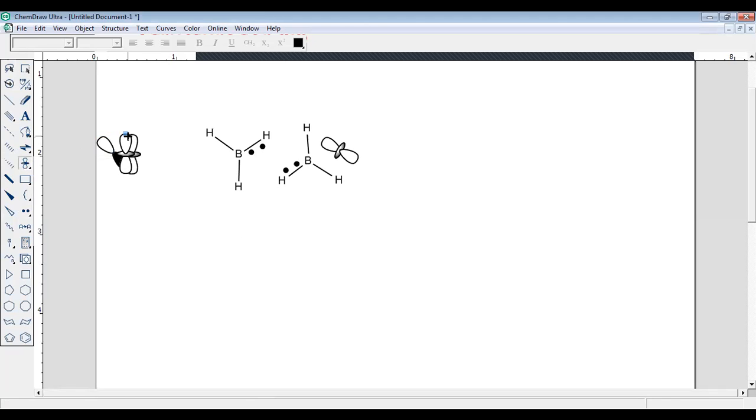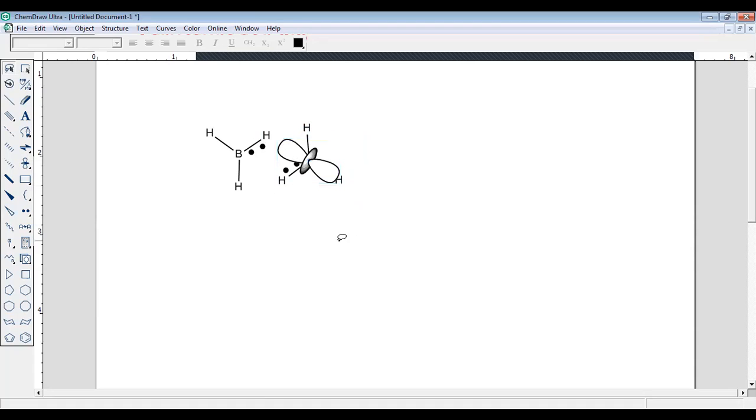You see, this is an empty p orbital on boron. If you think, there is one empty p orbital on boron. Like this, it should be slightly small, like this.